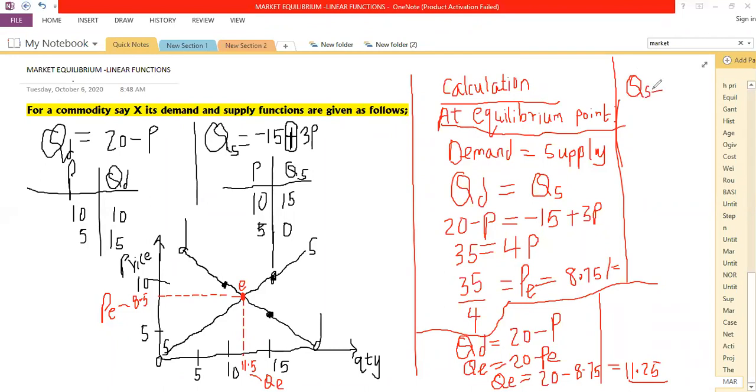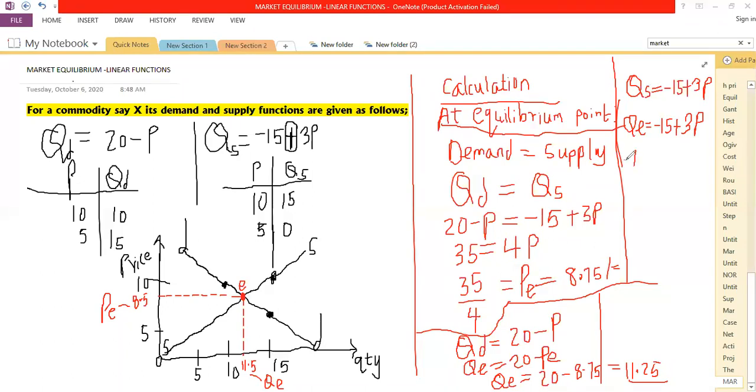There's no need for you to apply the two, but what if somebody had applied the supply function, which was given as minus 15 plus 3P. Again, for you to find the QE, the price prevailing in the market for this commodity should be at equilibrium point, minus 15 plus 3PE. You substitute the equilibrium price in your function, the quantity supplied function, okay?